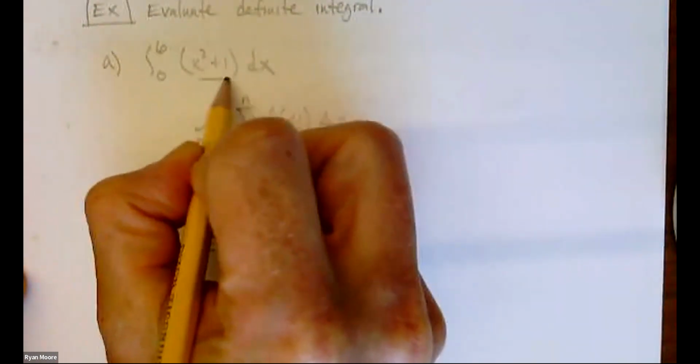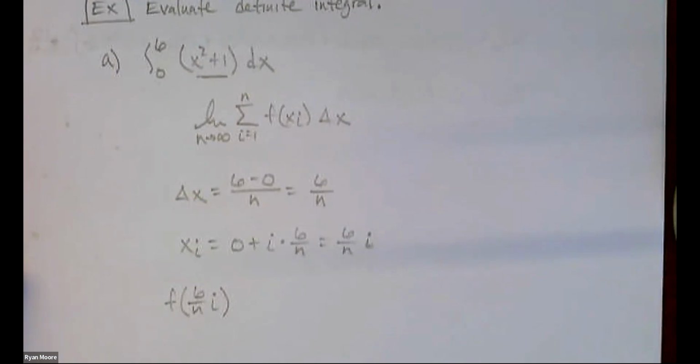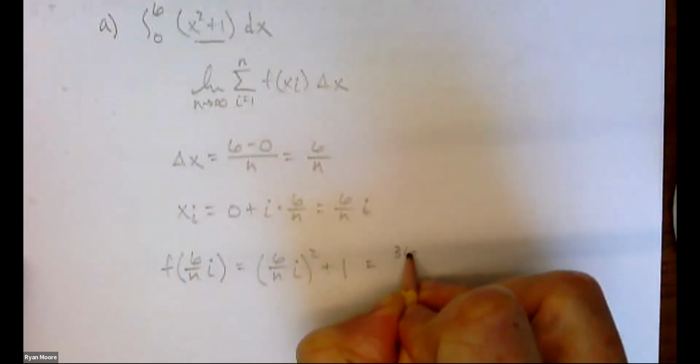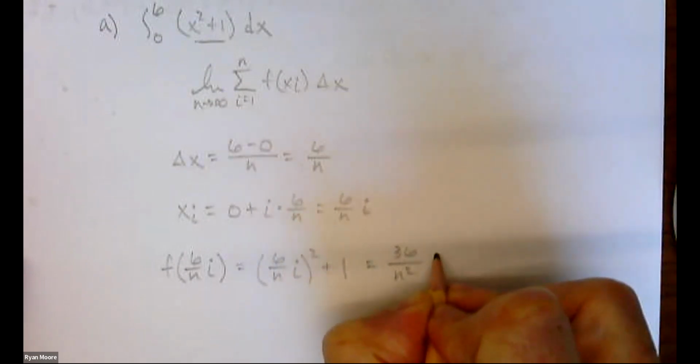Our function is x squared plus 1. So plugging this in would be 6 over n i squared plus 1. And if we simplify that, 36 over n squared, i squared plus 1. Okay, perfect.